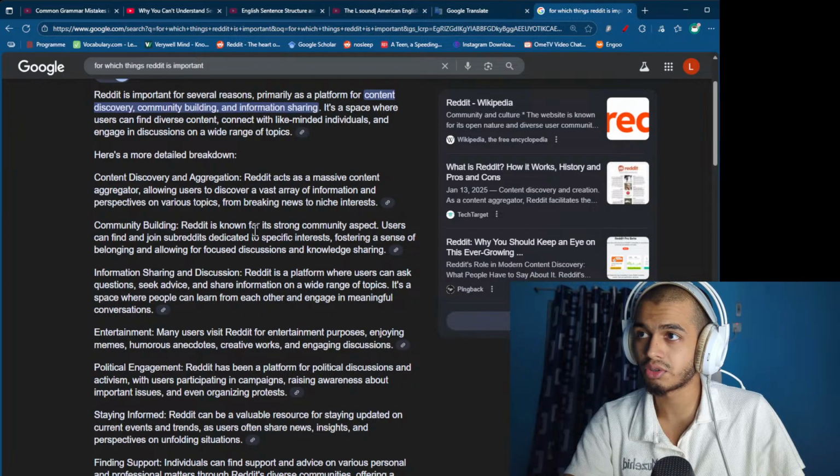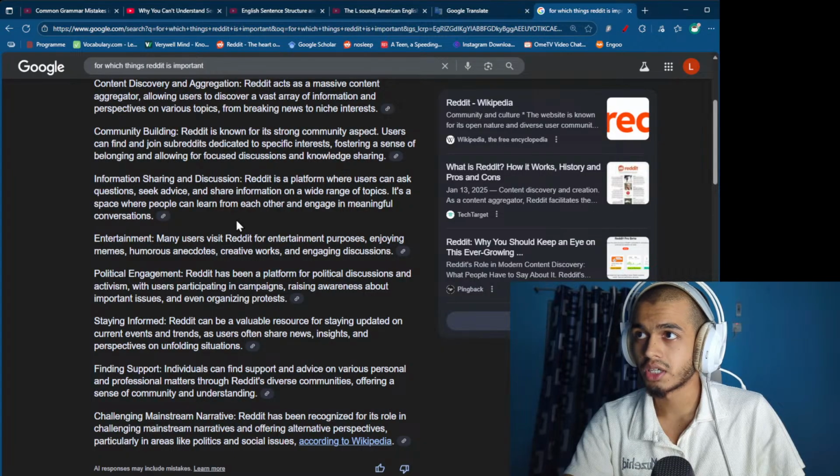Community building: Reddit is known for its strong community aspects. Users can find subreddits dedicated to specific interests, fostering a sense of belonging and allowing for focused discussions and knowledge sharing. Information sharing and discussion: users can ask questions, seek advice, and share information. It's a space where people can learn from each other and engage in meaningful conversations.